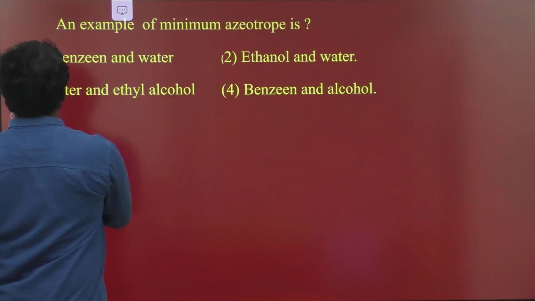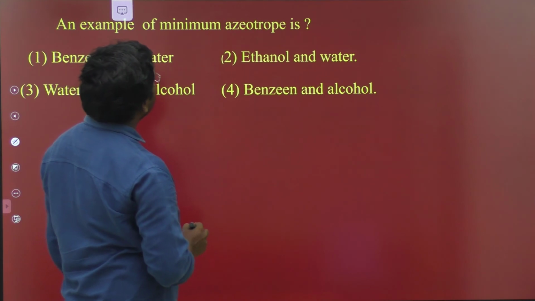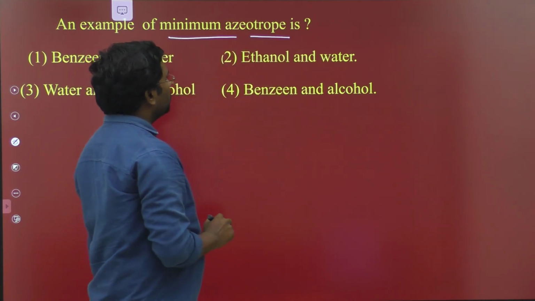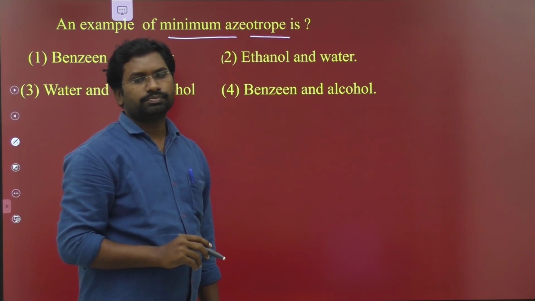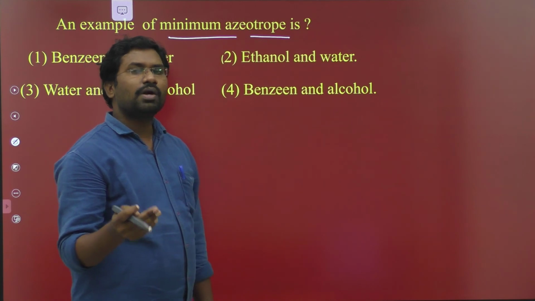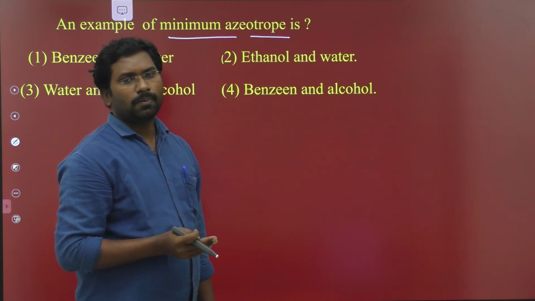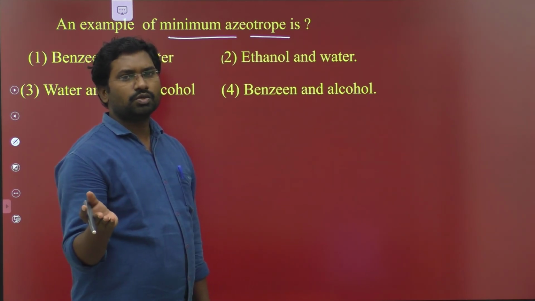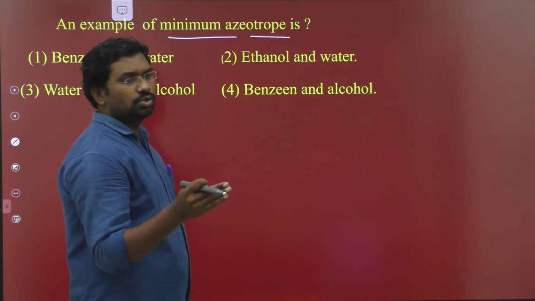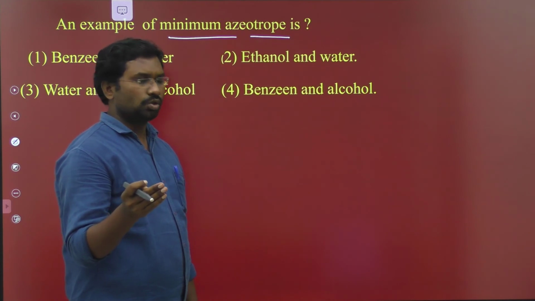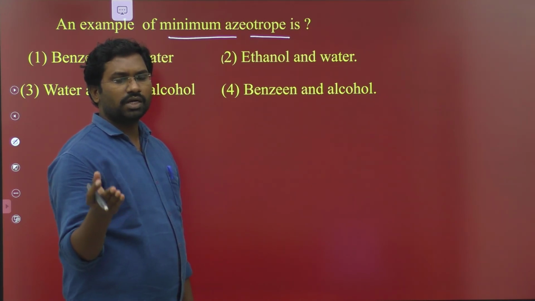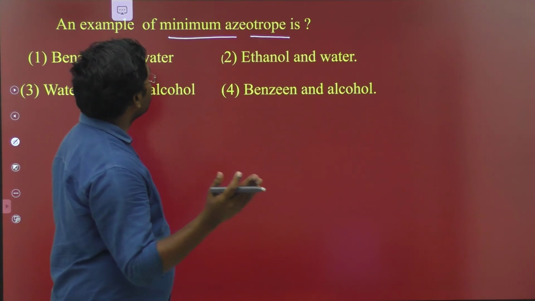And come to the next one. An example of minimum boiling azeotrope. We already discussed what is meant by minimum boiling azeotrope and maximum boiling azeotrope. So what is meant by minimum boiling azeotrope? Let us recall: the solution which shows a large positive deviation from Raoult's law is known as minimum boiling azeotrope.